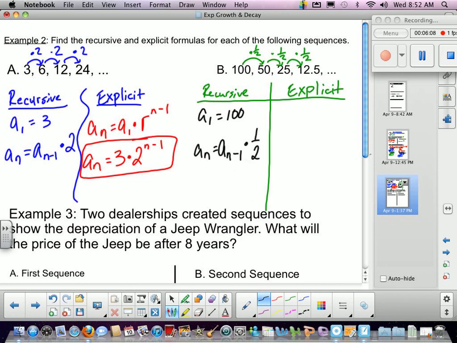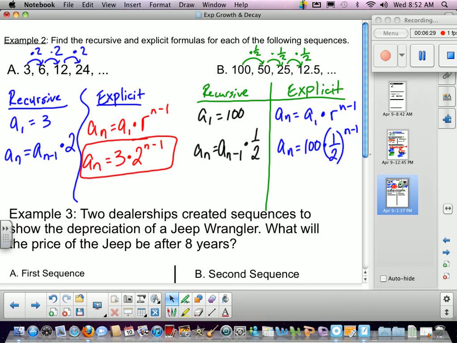On the explicit side, we have a sub n is equal to a sub 1 times r raised to the n minus 1. The starting value was 100 times 1/2 raised to the n minus 1. I'll put that in parentheses since it's a fraction.